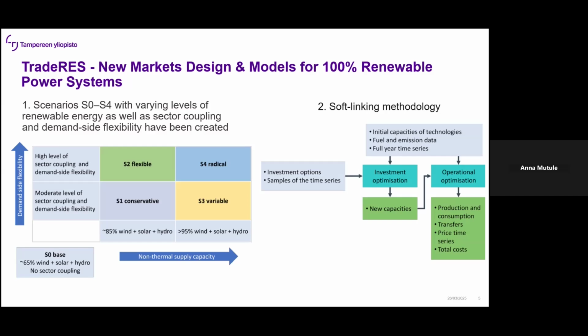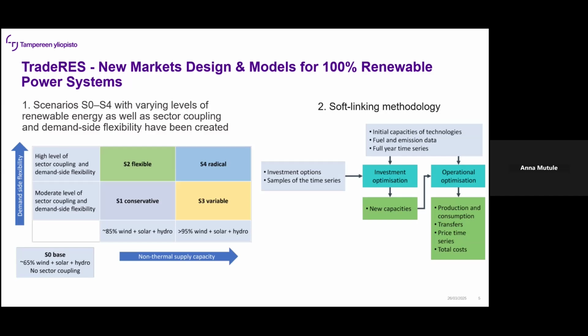On the left side of the slide, you can see the scenario setup from conservative to radical, ranging from low renewable shares to full, 100% renewable implementation, together with sector coupling and high demand side flexibility.